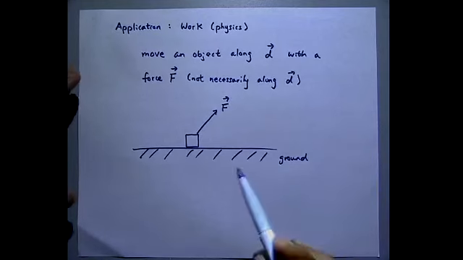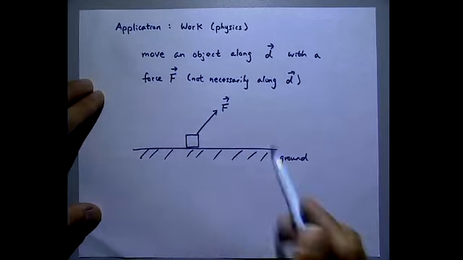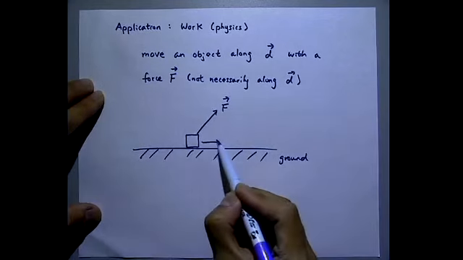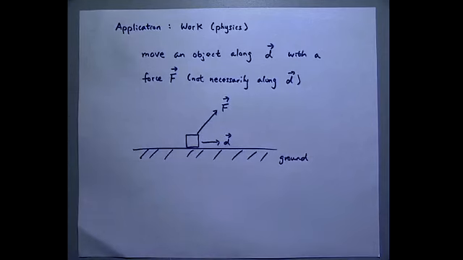Let's assume the box is very heavy and stays on the ground, so it goes in this direction. You're kind of pulling it up and forward at the same time. If you think about moving things, then the amount of force you use to pull this thing up is kind of wasted. It's not helping this thing move along the ground.